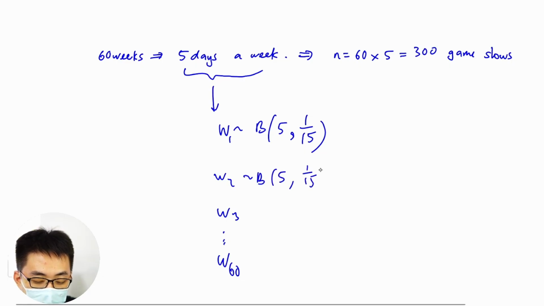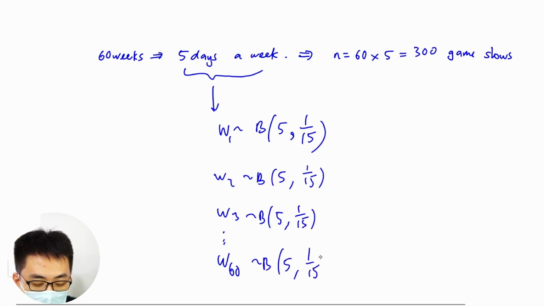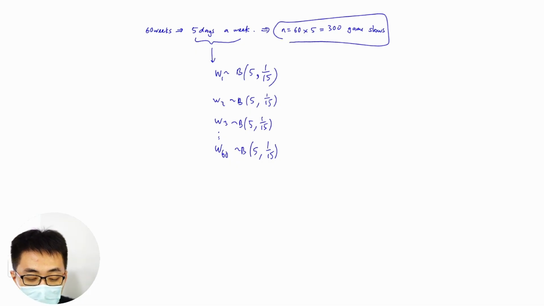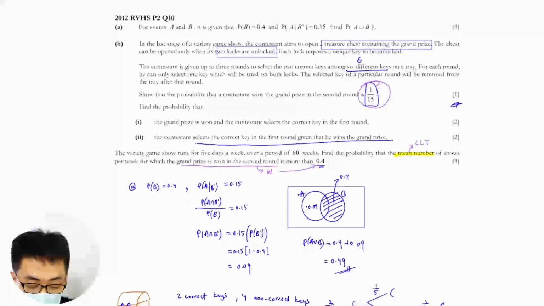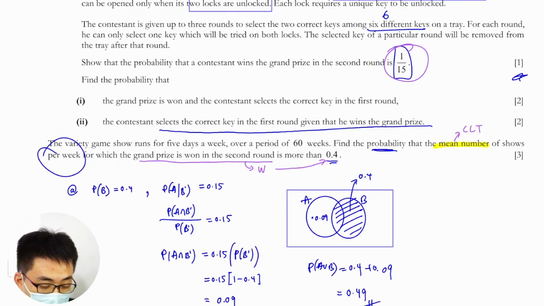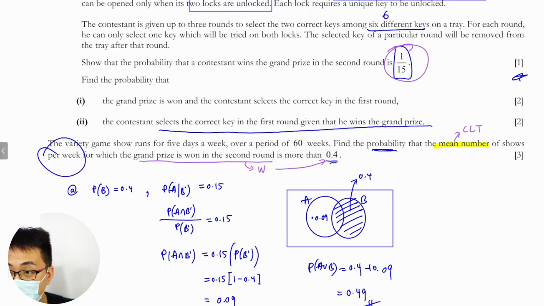This is binomial, every one day, 1 out of 15. Now I'm considering the weeks, not the total number of games. Initially, I was considering the total number of games because I didn't read this question properly. They say probability of the mean number of shows per week. So I'm talking about per week now.